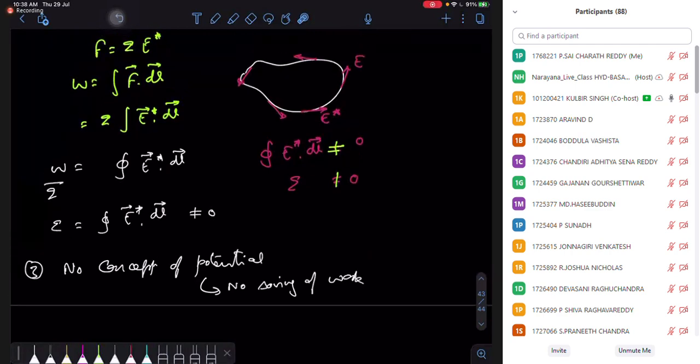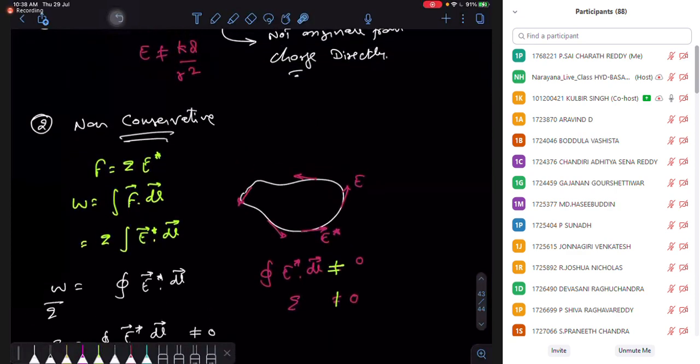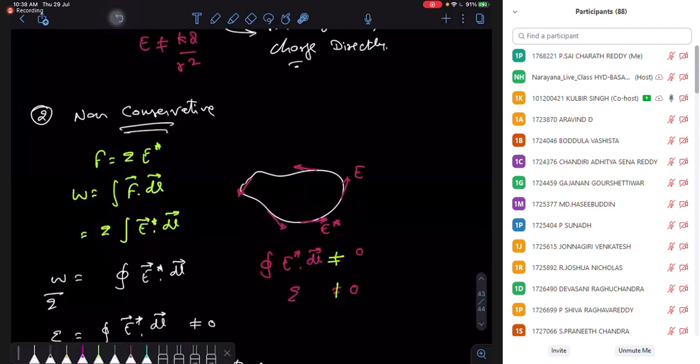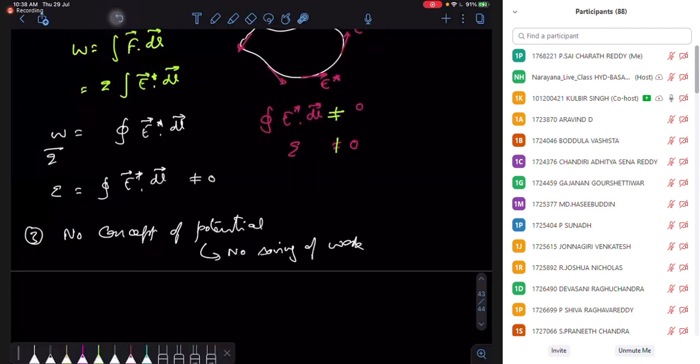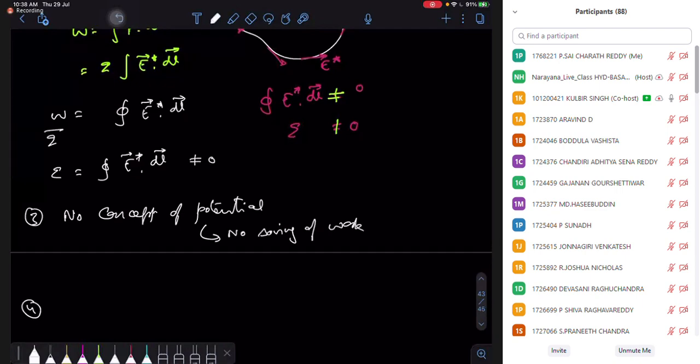So one more point. This much is enough. It is a non-Coulomb field, not originated from the charge. It is non-conservative, and there is no concept of potentials. So from where is it originated? Who is the source? That is an important question.